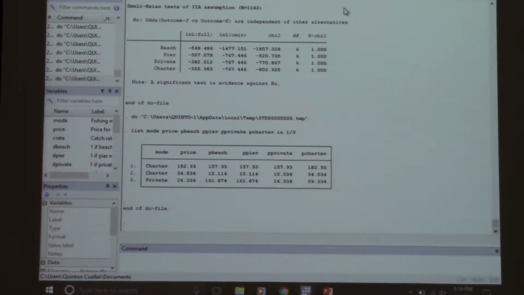They're going to have 4 observations, where one is going to be charter, beach, pier, and private. We did the reshape command, right?